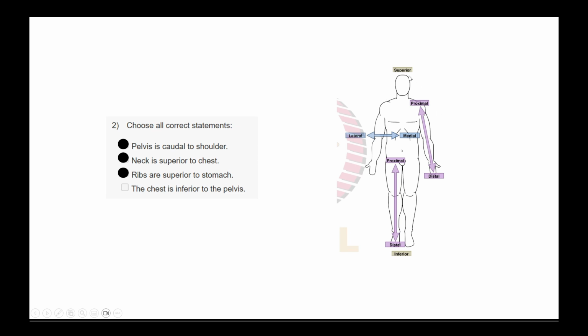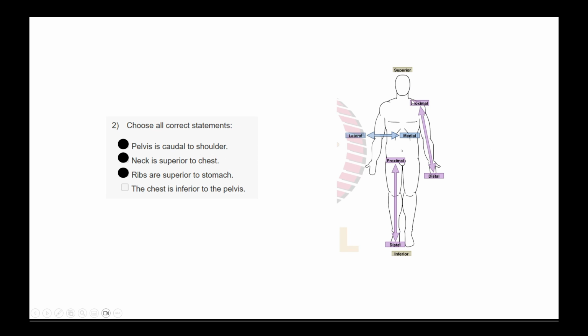So in the pelvis to shoulder arrangement, it's the cephalic-caudal axis that we are looking at. Again, neck is superior to the chest. Neck is towards the superior side, so this is also correct.